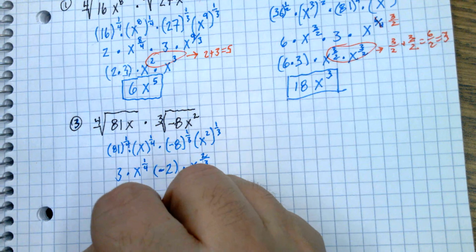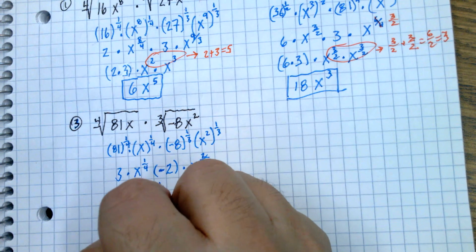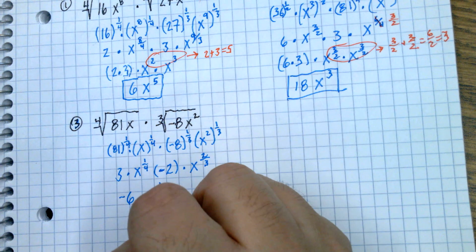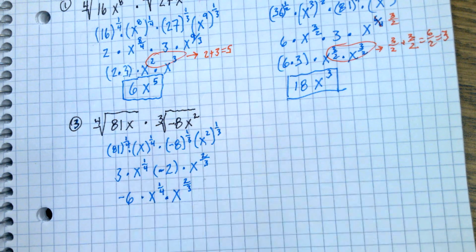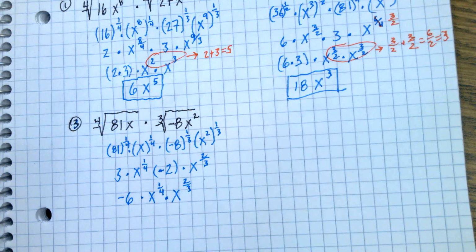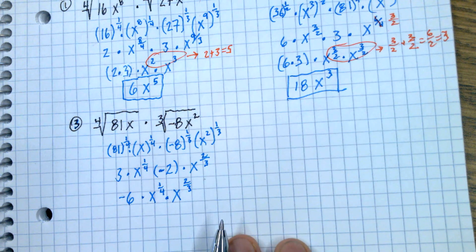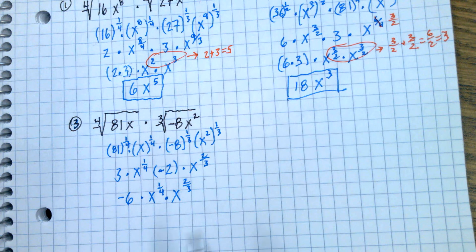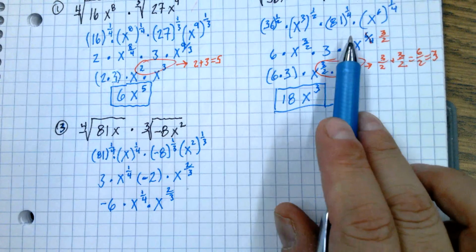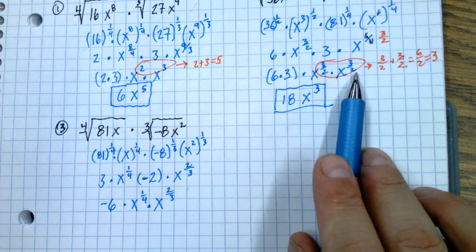Then we have x to the 1/4 times x to the 2/3. Bit of a problem, just a little bit. What's the issue we have now? What do we have to do with those exponents? Add them, yeah. And before we had common denominators. Great, easy.